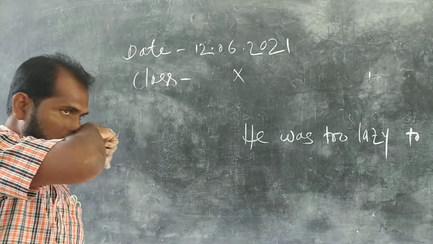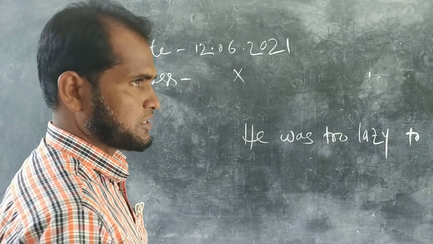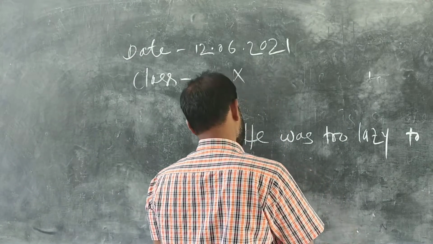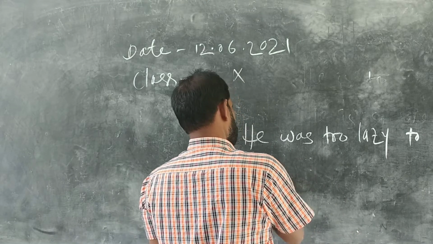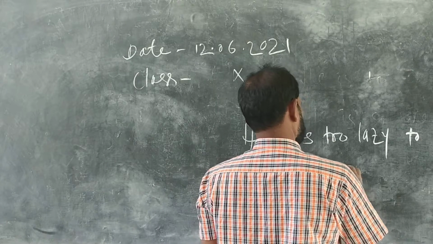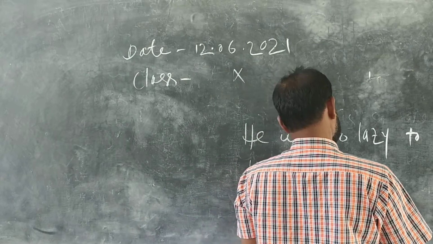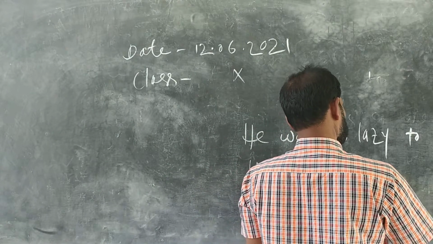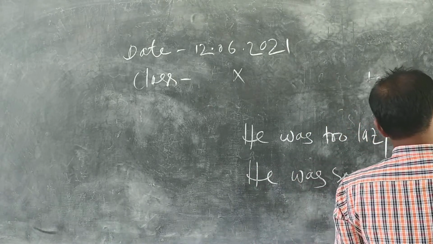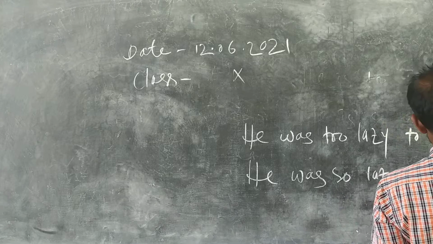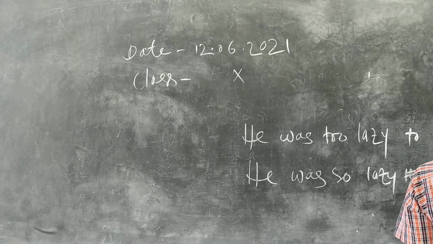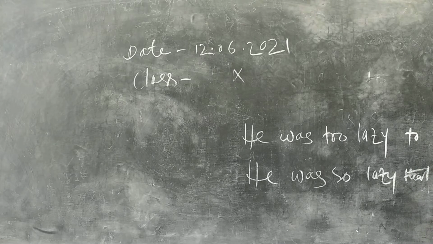And how to make it a complex sentence has been shown in this way. That is, he was so lazy that he could not do the work.